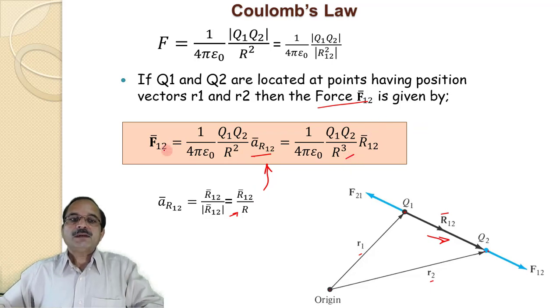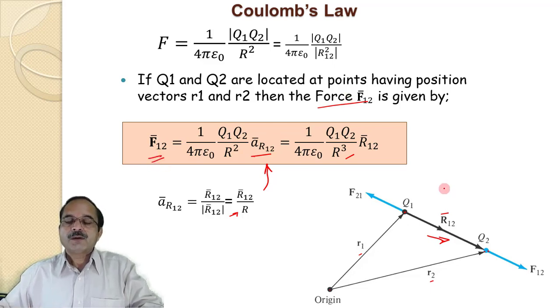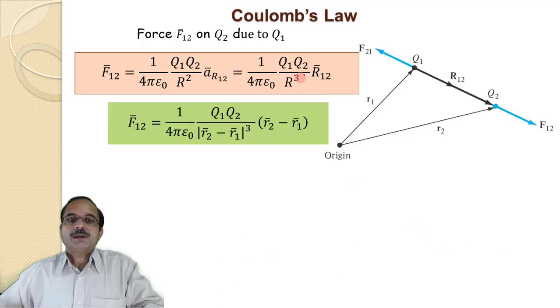So this is the force vector, force on charge 2 because of charge 1. So R12 is R2 minus R1. So the vector R12 is R2 minus R1.